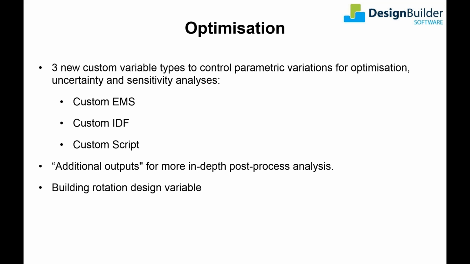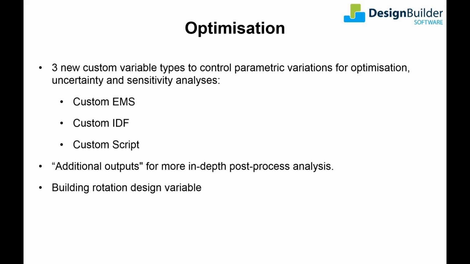I'll say more about what you can do with these new variable types in more detail in the slides that follow. Additional outputs can be included alongside objective and constraint KPIs to enable more in-depth post-process analysis. A new building rotation design variable is provided to complement the existing site orientation.